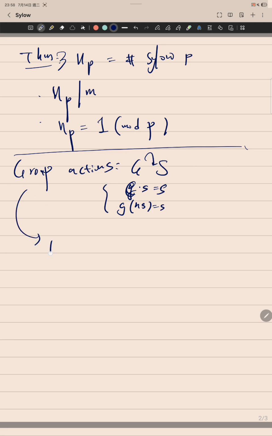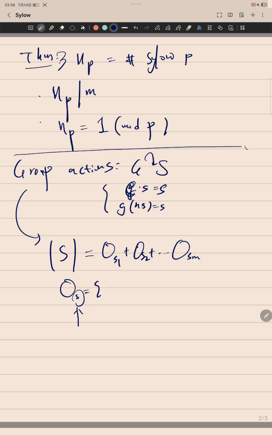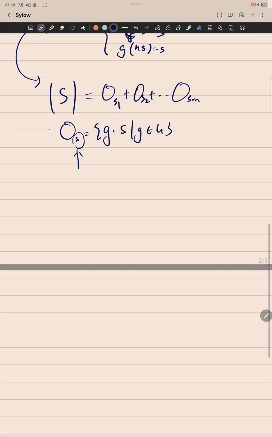And so S can be factored into so-called different cosets, orbits. What orbit means is that if you start with s, then you consider gs where g is in G. So basically, the orbit is the set that you get starting with s.